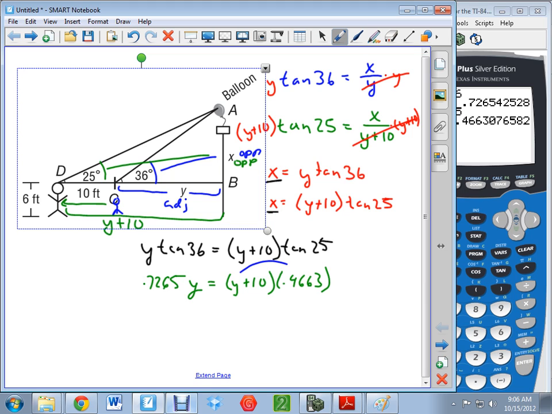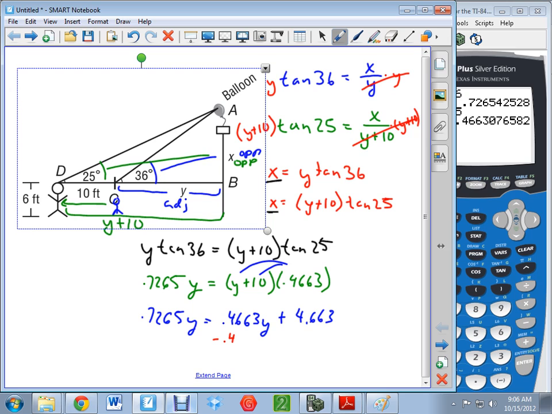I'm going to go ahead and use the distributive property to get 0.7265y is equal to 0.4663y plus, and then 10 times 0.4663 is 4.663. What I then need to do is use just regular equation solving techniques to solve for y.